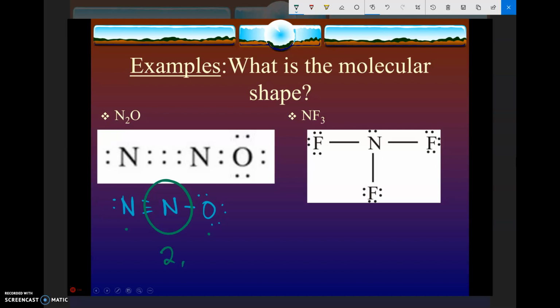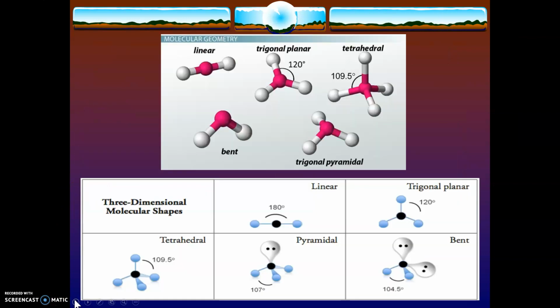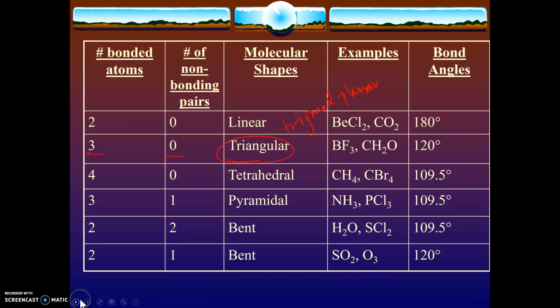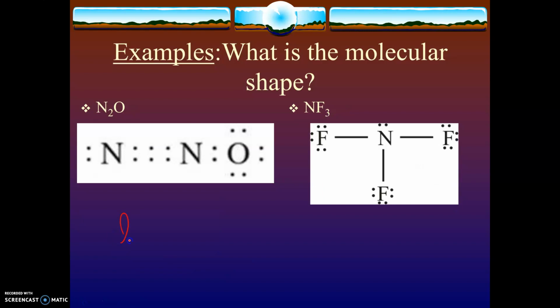And are there any lone pairs on the nitrogen? The answer is no, so this is 0. So again, if we look back on our chart for a 2, 0, our 2, 0 is right here. This one's linear. So that example is linear.